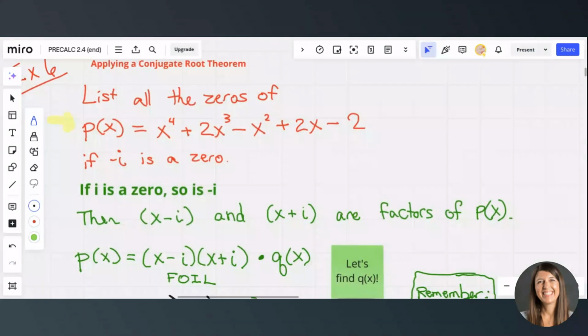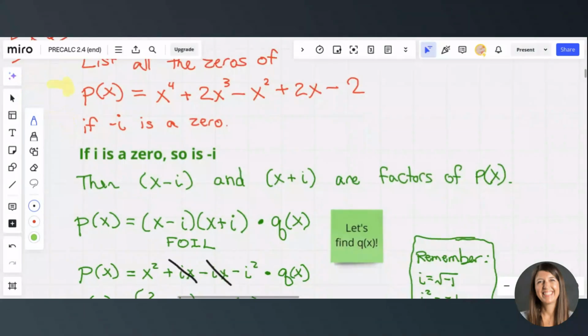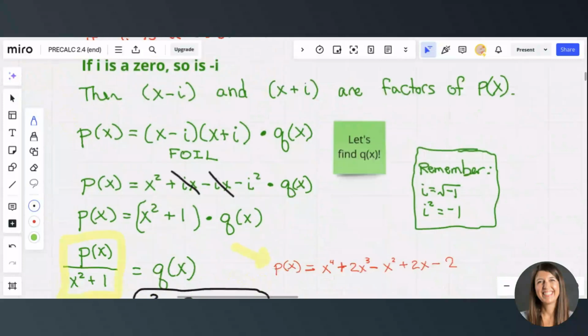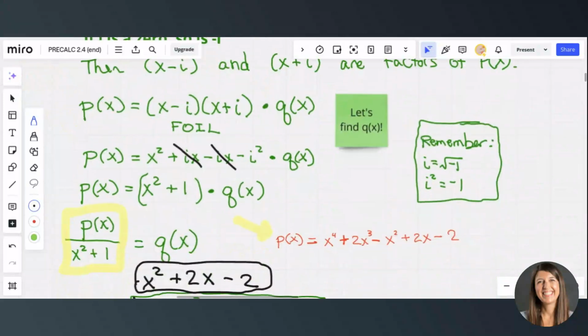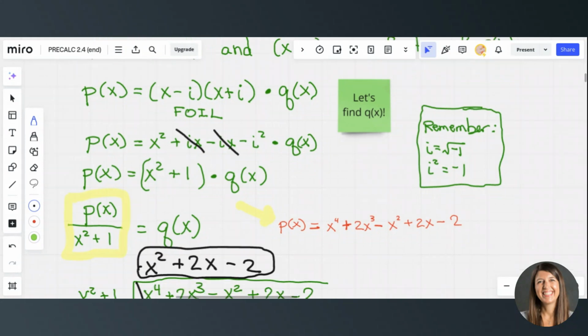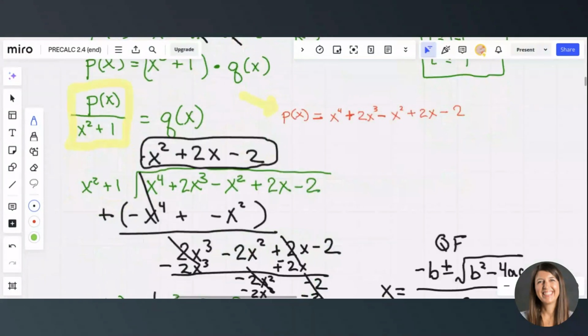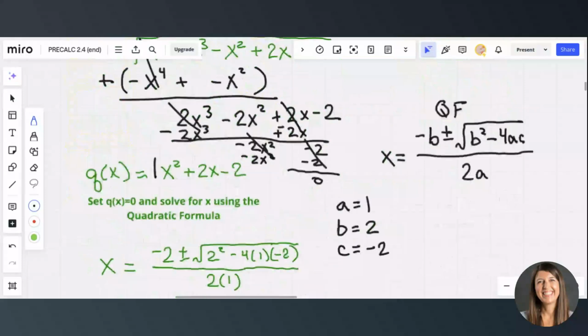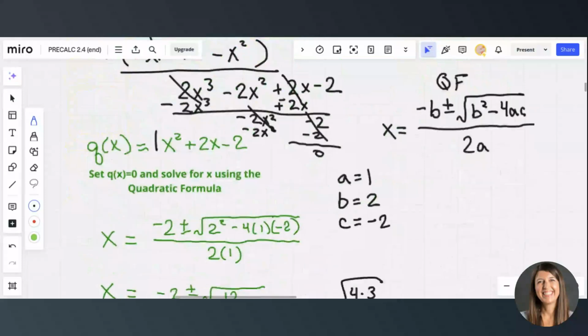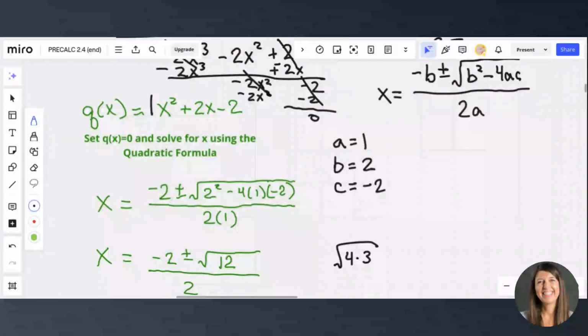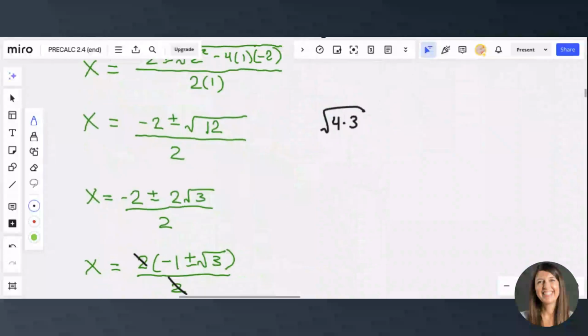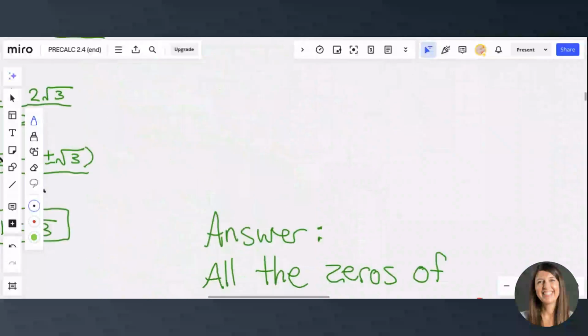Those are our factors. So we use that to divide p of x by that FOIL factor, and that gave us q of x. Okay, so once we got q of x, we were able to solve for the roots or the zeros of q of x, and that gave us all the zeros of p of x.